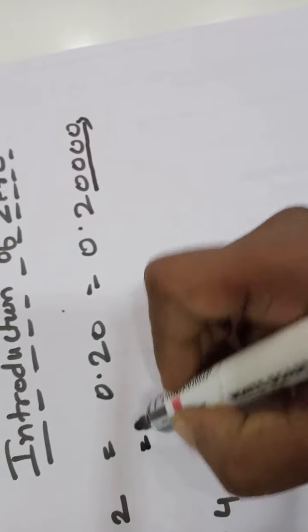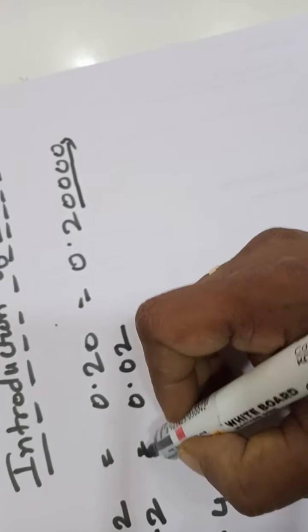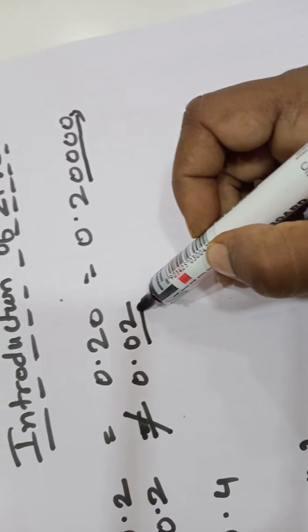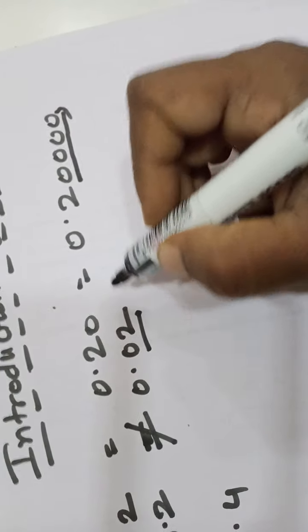But it will make a huge difference if I say 0.2 and 0.02. These two numbers are not equal. See, this is the 10th position and this is the 100th position. So 0.2 is not equal to 0.02. But yes, if you want to add more zeros after this, it is absolutely fine.